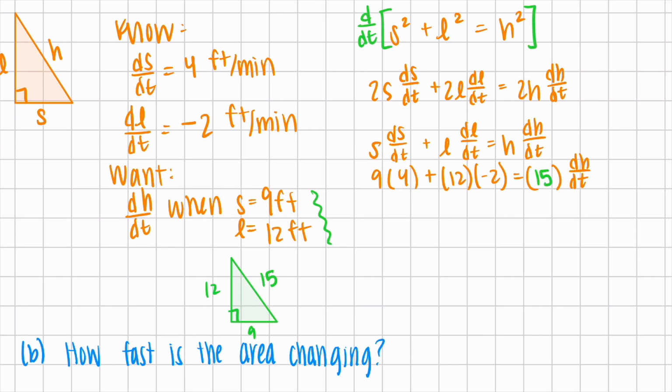That's a Pythagorean triple. If you can't do that, that's fine. You're just going to use the Pythagorean theorem and solve for h, and you'll get h is 15. Either way you want to do it, we do get that h is 15 in that moment. Keep solving.